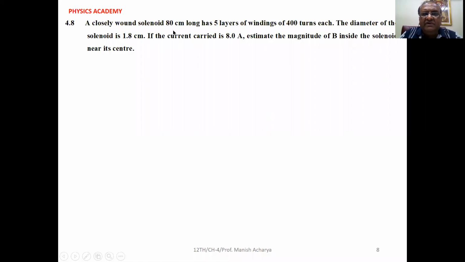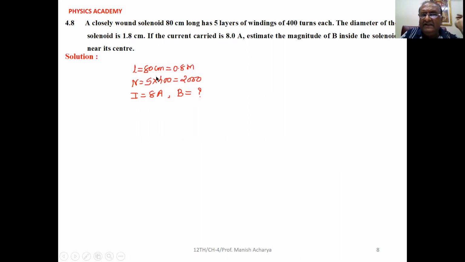4.8. A closely wound solenoid 80 centimeter long has 5 layers of windings of 400 turns each. The diameter of the solenoid is 1.8 centimeter. If the current carried is 8 ampere, estimate the magnitude of B inside the solenoid near its center.